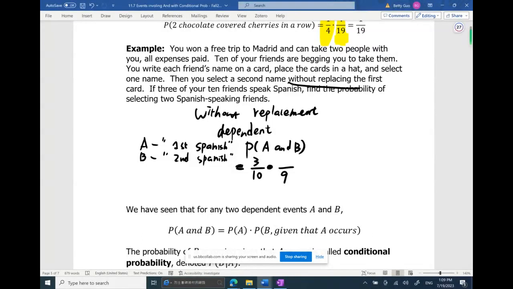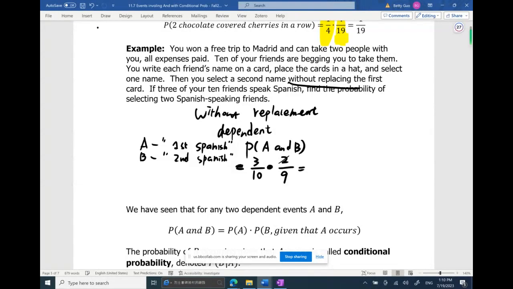And among the 9 cards, you only have 2 representing Spanish-speaking friends. Does that make sense? Because you already threw away a card. So you only have 9 friends left. Among the 9 friends, you only have 2 friends who speak Spanish because you already picked one, right? So that's 3 over 10 times 2 over 9.